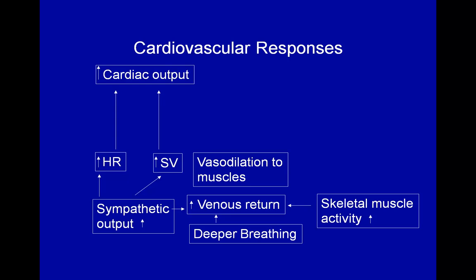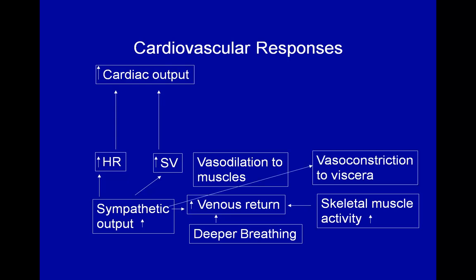We said we're going to vasodilate arterioles that lead to exercising muscles. So hopefully we're going to send that cardiac output to exercising tissue and vasoconstrict to viscera, the organs that we're dealing with, for instance, the bowel, the gut.